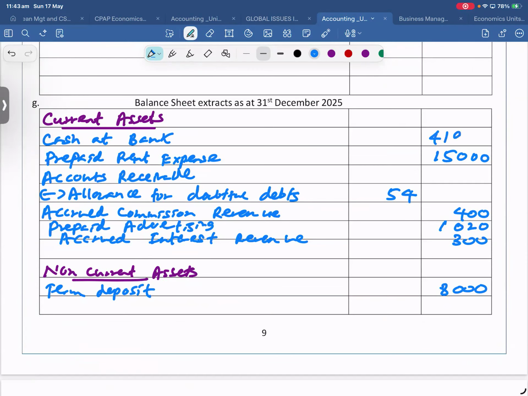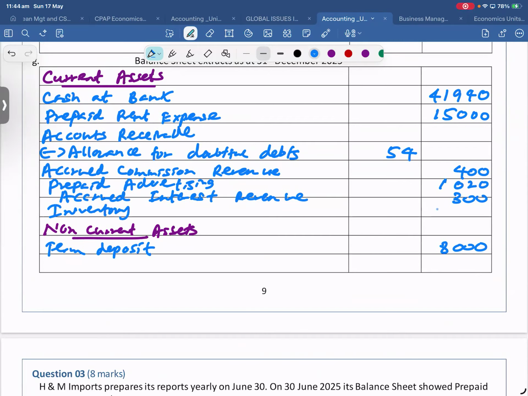Next one, inventory 42,550. Inventory $42,550.